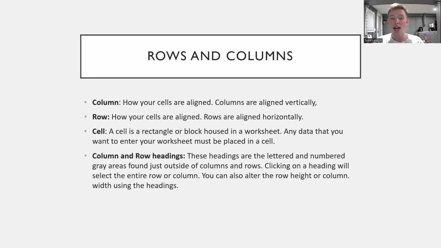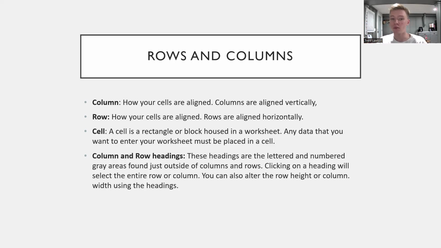And column and row headings. These headings are lettered or numbered. So the top row of your cells are actually lettered A to Z, and the labels for your rows are numbered.